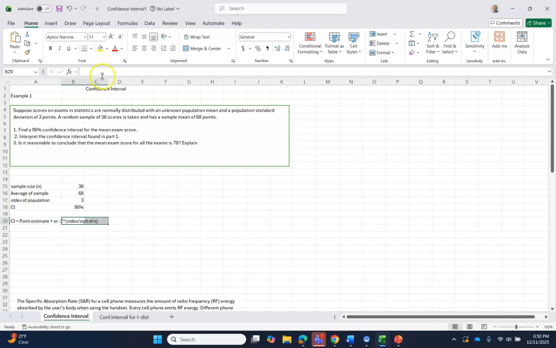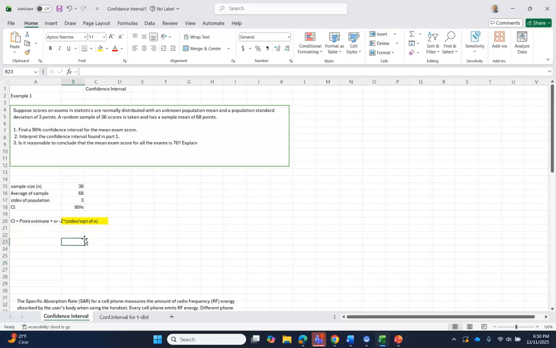Let me highlight this. The margin of error will be given by the z value times the standard error, which is the standard deviation divided by the square root of the sample size, which is 36. And so we'll find the margin of error as positive or negative.